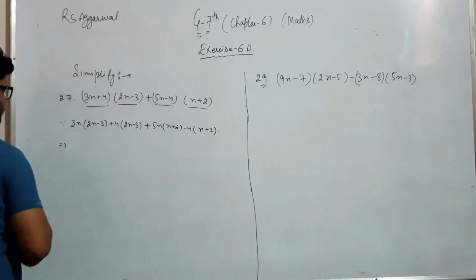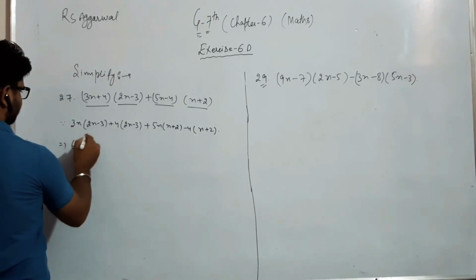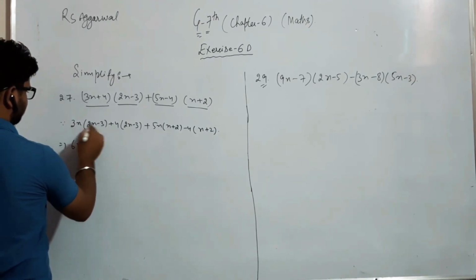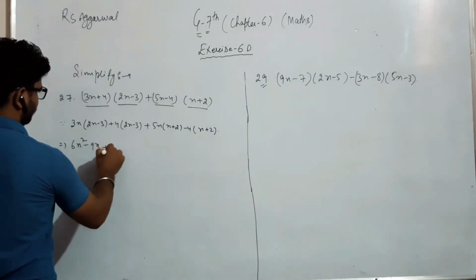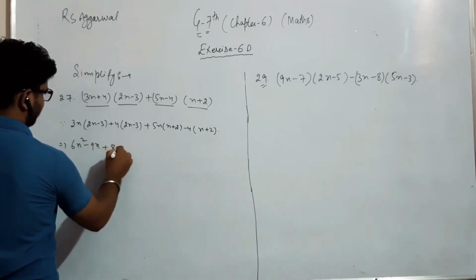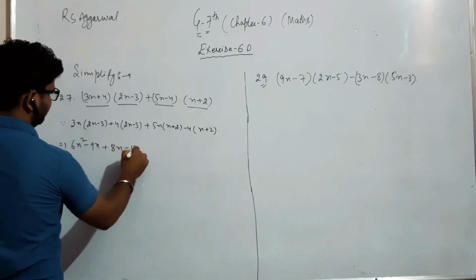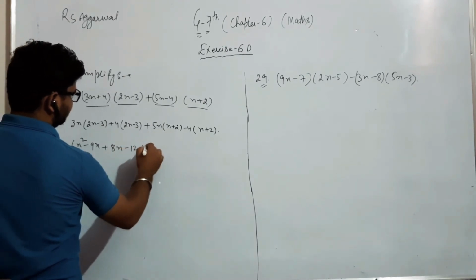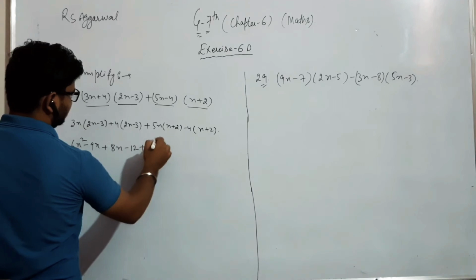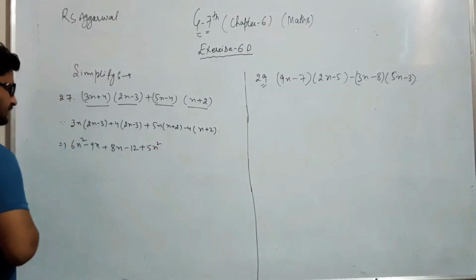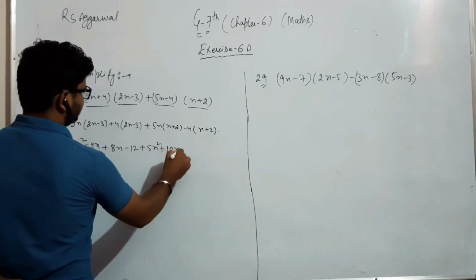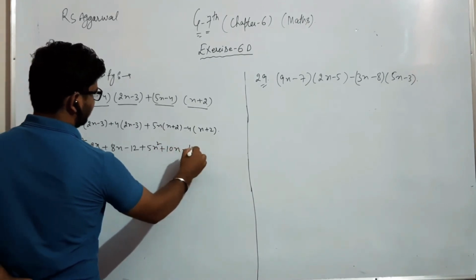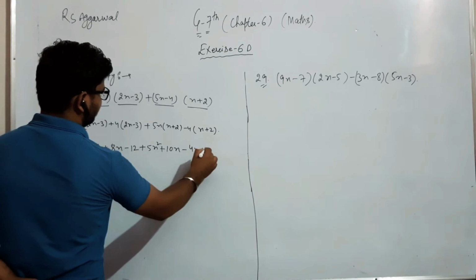So next step, 3 times 2 is 6, x multiplied with x is x raised to power 2, 3 times 3 is 9, then minus 9x, 4 times 2 is 8x, minus 4 times 3 is 12, plus 5 into 1 is 5, then x raised to power 2, then x multiplied with x, then 5 times 2 is 10, then x, minus 4 into 1 is 4x, minus 4 into 2 is 8.